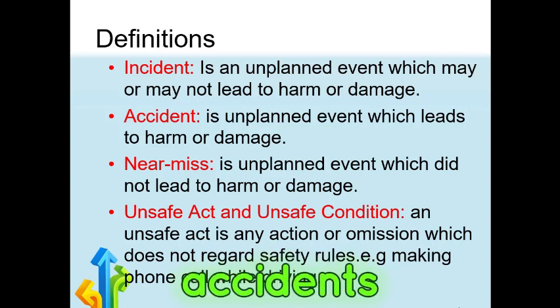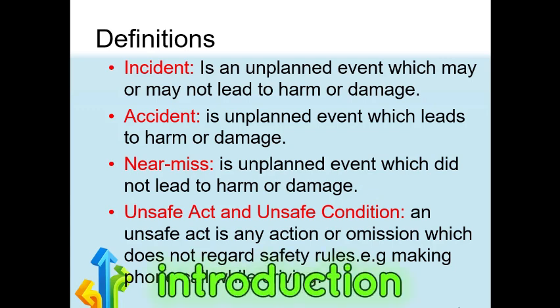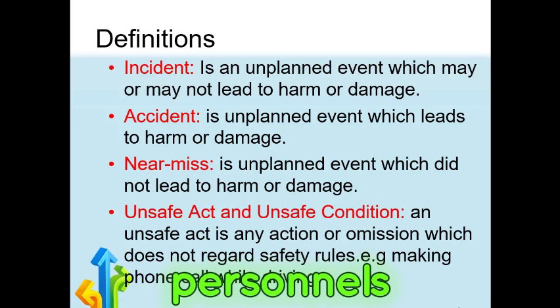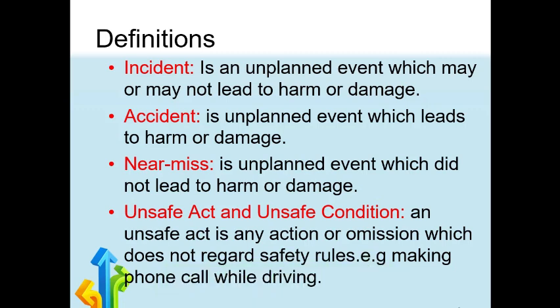In accidents, I said in the introduction that the two causes of accidents are unsafe acts and unsafe conditions. Unsafe act is any action or omission which does not regard safety rules, or unsafe acts are things done by personnel which could cause harm.